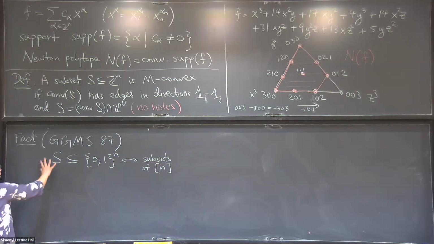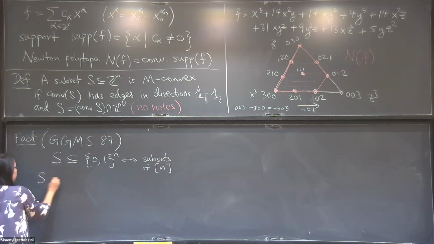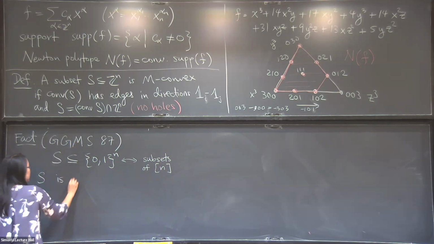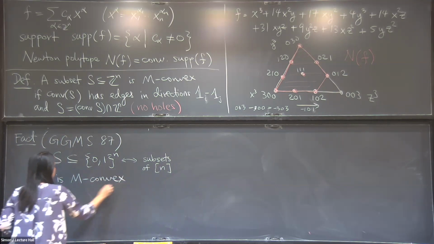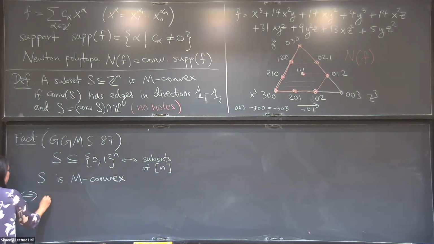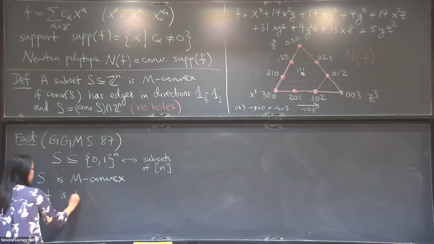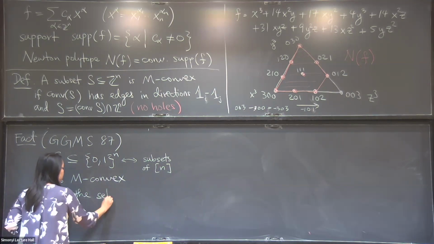So you can think of this as a collection of subsets. Then it follows from this theorem that S is M-convex if and only if it is the set of bases of a matroid.